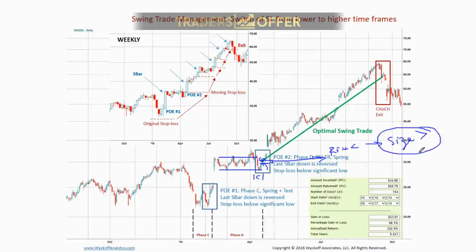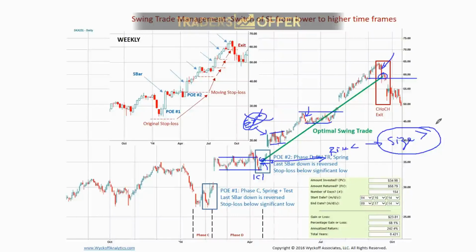So this minimal risk, where risk is going down, is going to increase your size of the position. If you're increasing the size of that position and you're not exiting on the first sign of changes of character, which just basically constitute that the trend is going to continue, but there's going to be some kind of consolidation, and instead you're holding through this whole trend, and you're exiting maybe on the weekly chart, here the weekly might show this spread right here as the spread that is overcoming the less significant bar move.